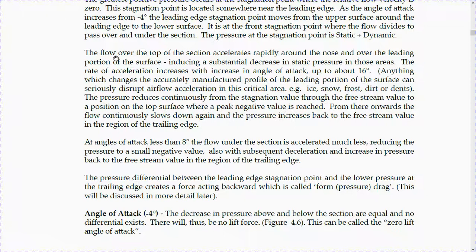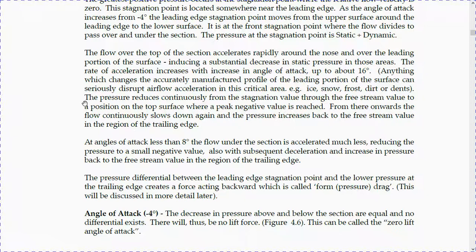Anything which changes the accurately manufactured profile of the leading portion of the surface can seriously disrupt airflow acceleration in this critical area: ice, snow, frost, dirt, dents, even heavy rain. This is very important. This leading edge, this part on the leading edge, is very important.